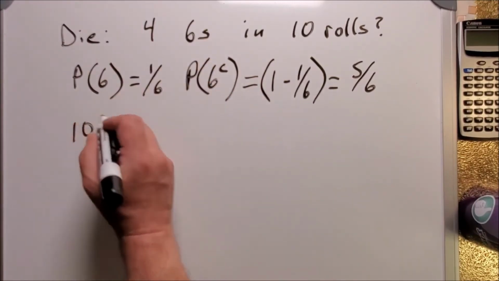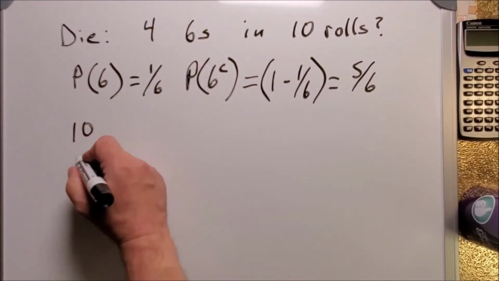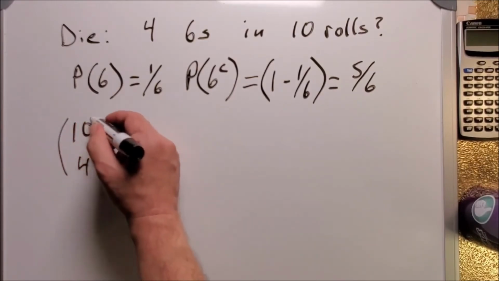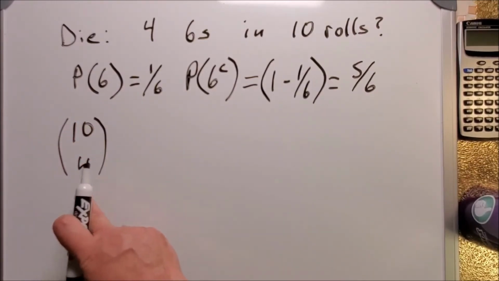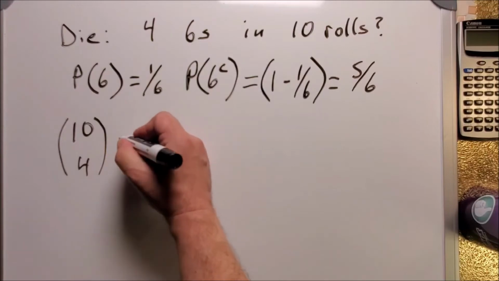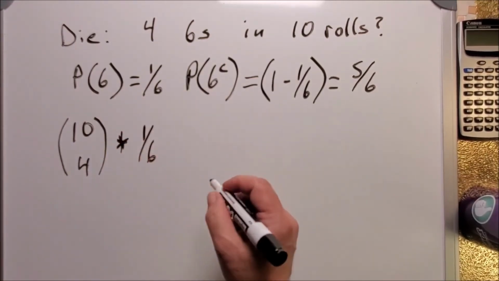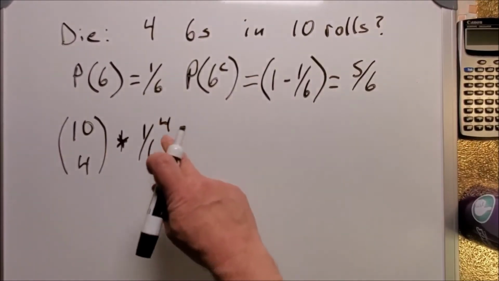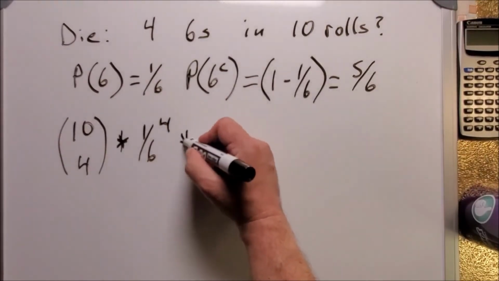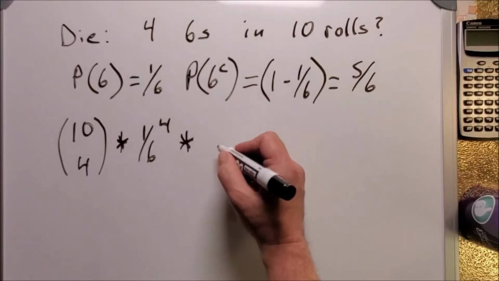So we're going to start out with 10 trials and 4 successes, and that's a good way to think about the combinatoric expression that we started with at the beginning, times the probability of success to the power of how many times we expect it, times the probability of failure.